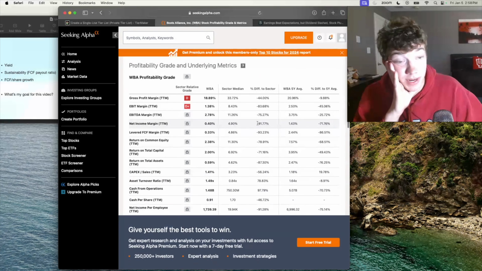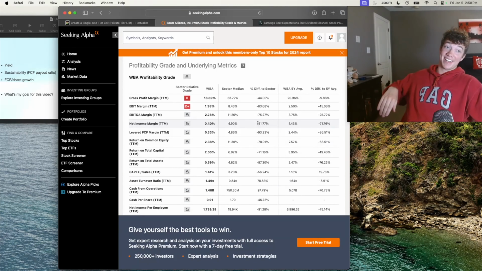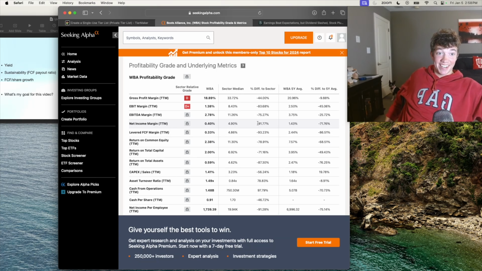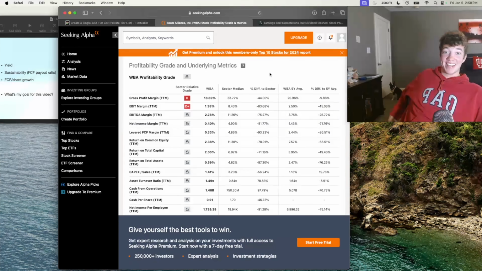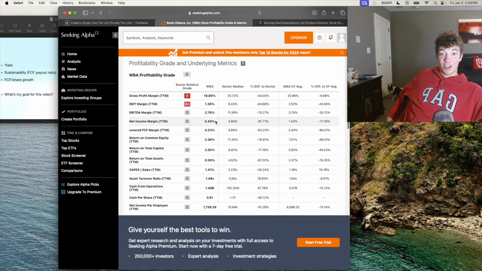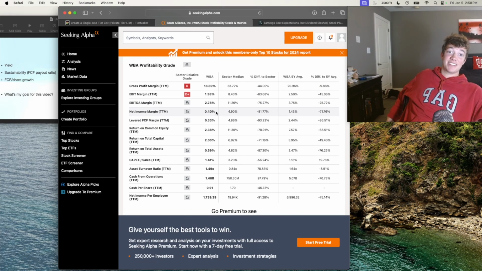Profitability I'll go to, and I've talked about Walgreens before. Even before the dividend cut, I've talked about how I'm a naysayer on Walgreens. It doesn't take a genius, guys. Look at this net income margin. 40 basis points.